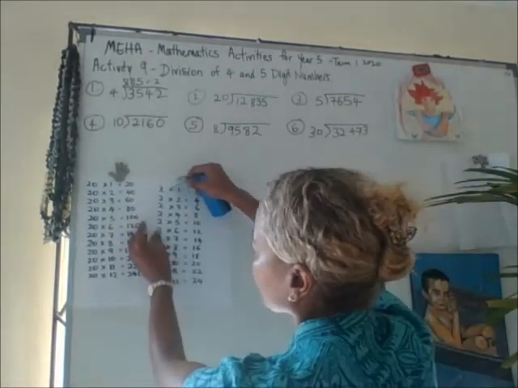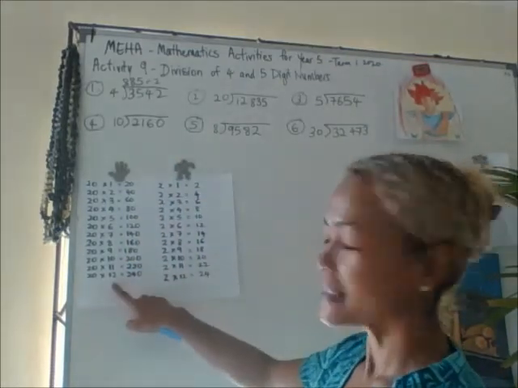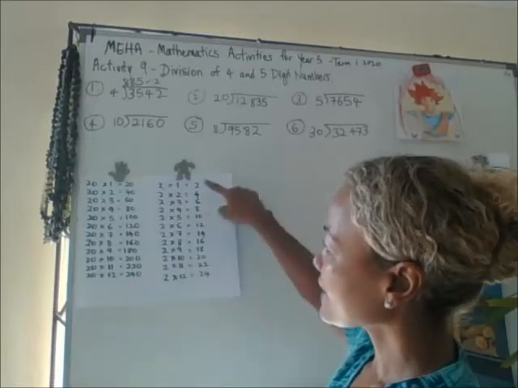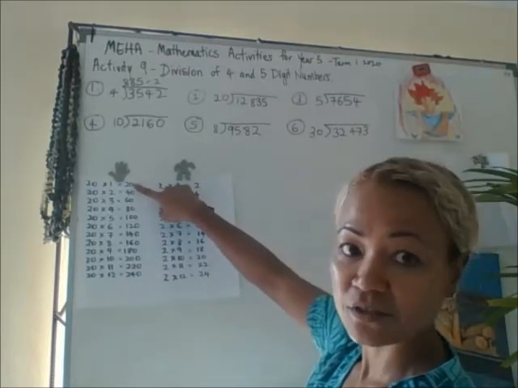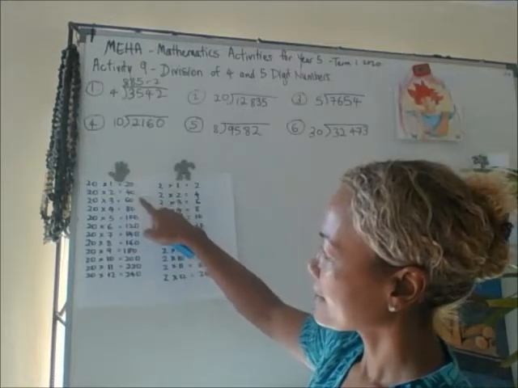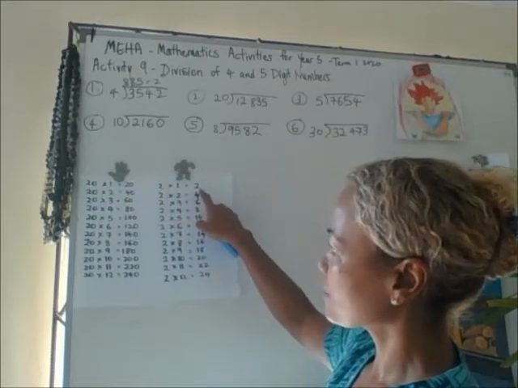If you compare the 2 times table over here and the 20 times table, you'll find that the only difference is that in the 20 times table there's an extra 0. Right? So 20 times 1 is 20, 2 times 1 is 2.